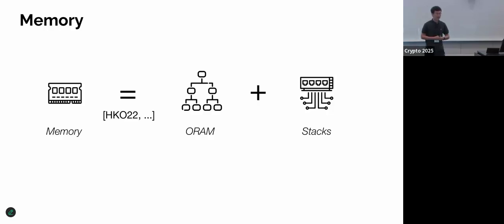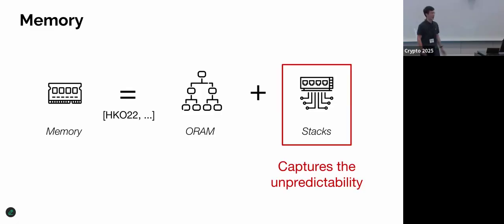As the elegant work of Hubert et al. shows, we can actually model the memory by combining an ORAM, oblivious RAM, with a special primitive called a stack. Here the ORAM is just a bunch of Boolean circuits again, but the stack is the part that captures the unpredictability I just mentioned. And in fact, in all the previous works, the stack is the performance bottleneck.